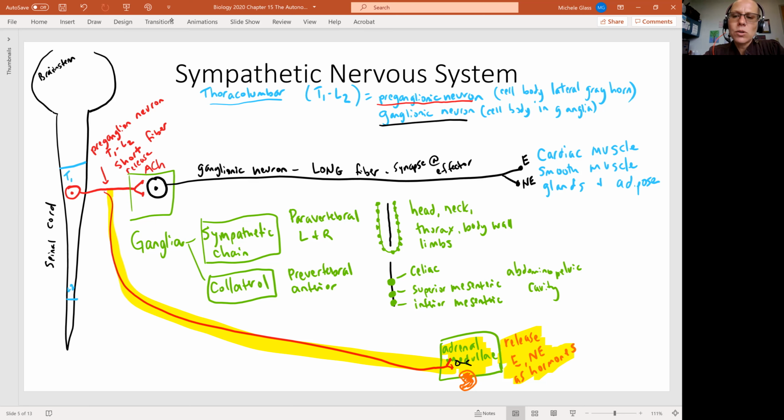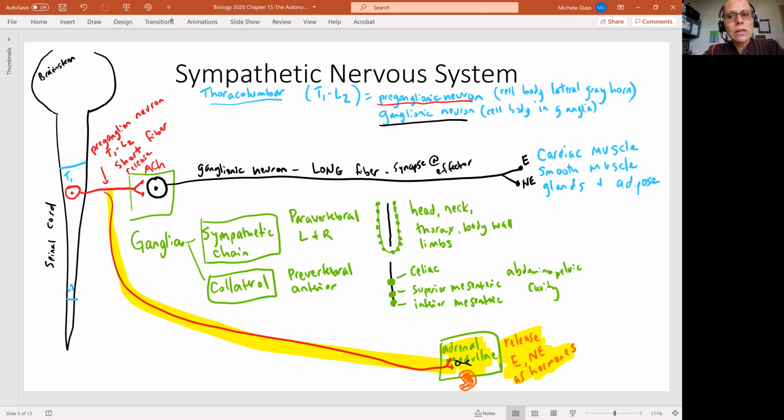So make sure you're paying attention to that. Now, when we talk about a neurotransmitter or hormone, both of these are chemical messengers that are being released. And in order for a target tissue or an effector tissue to respond, that tissue has to have a certain type of receptor as part of its cell membrane.